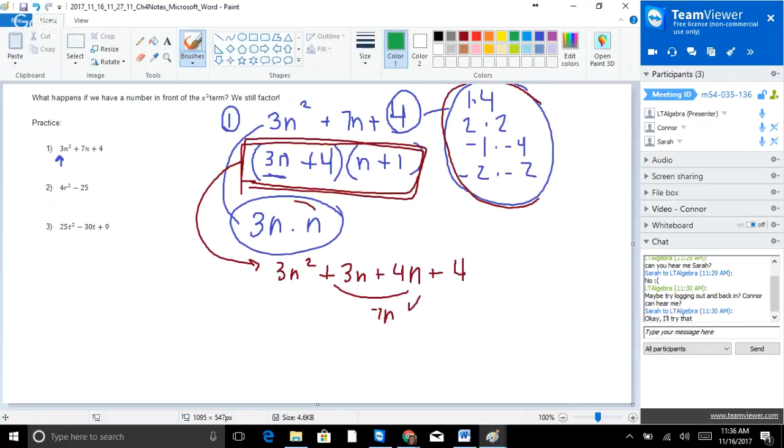Like, for example, number 2. So number 2 is 4r squared minus 25. The first thing that I notice about number 2, and whenever you get to a homework problem that is missing the inside-outside part, right? We don't have any plain r term in there. We have an r squared, and we have a constant, but we don't have anything in between. So the first thing that pops into my mind is that I want to use all of my squares of numbers.